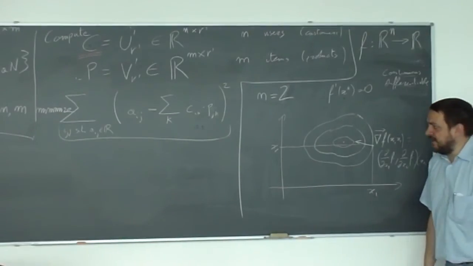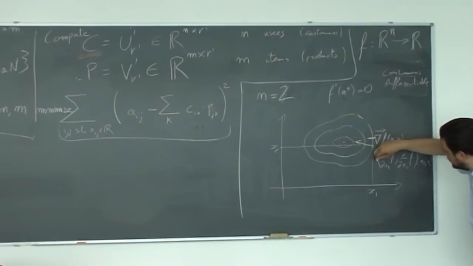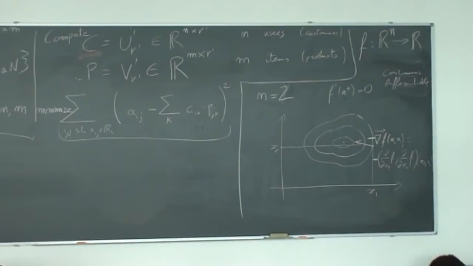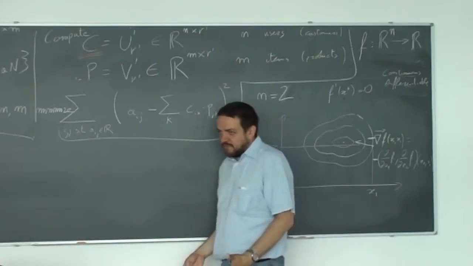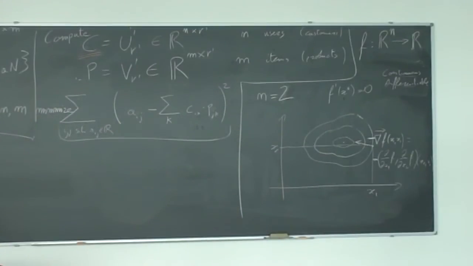So actually, to find the minimum, you need to, sorry, I'm going down, so this is minus the gradient, actually. Okay, in order to go down as fast as possible, you just need to compute the partial derivatives of the function, and, well, if you want to minimize, you go against them.